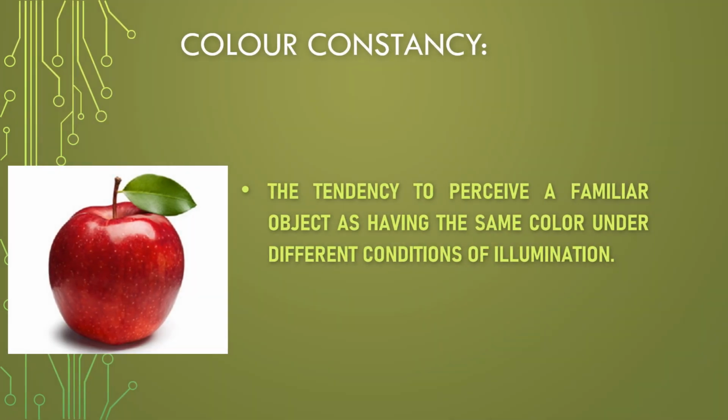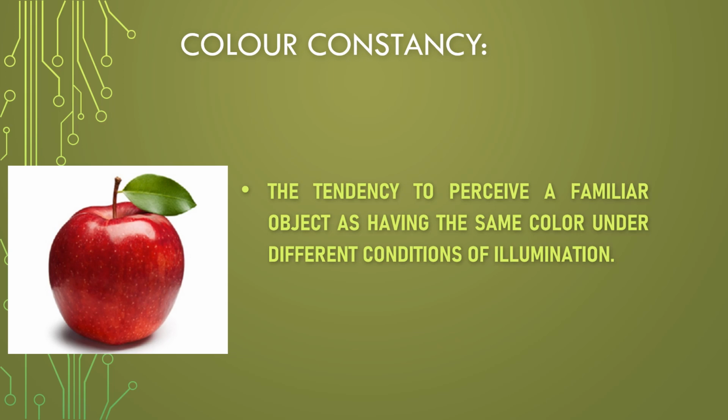Next is color constancy. It is the tendency to perceive a familiar object as having the same color under different conditions of illumination. The perceived color of the object remains constant under varying illumination conditions. For example, the red apple in the image will be perceived as red in well illuminated or poorly illuminated surroundings.